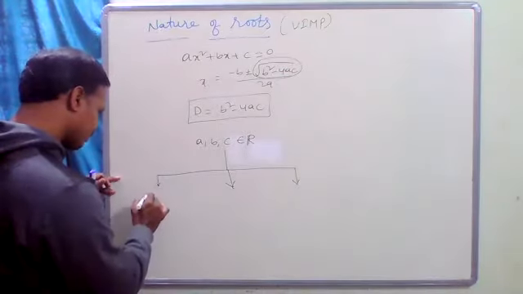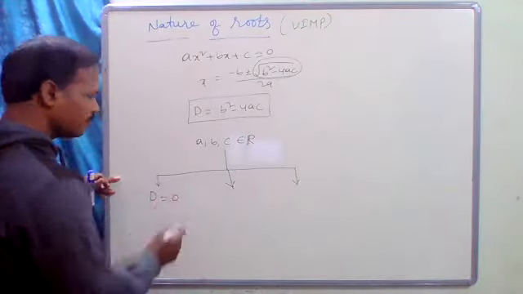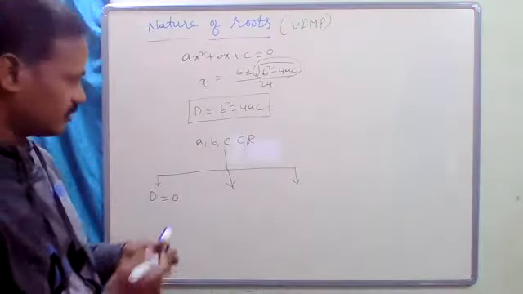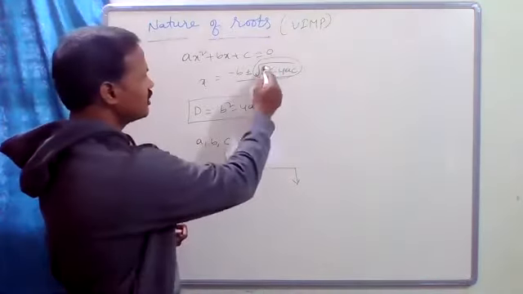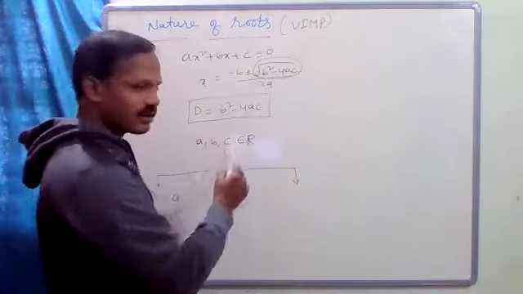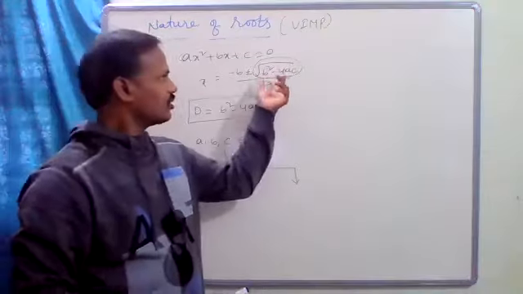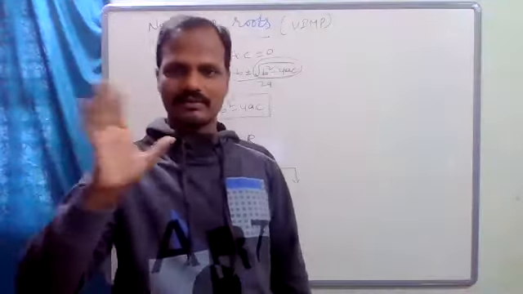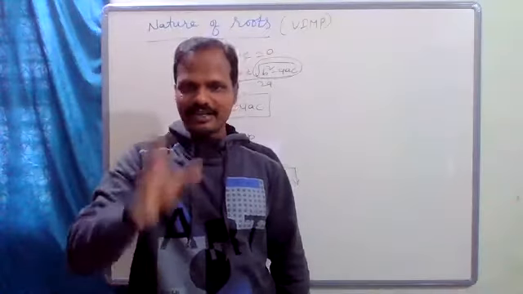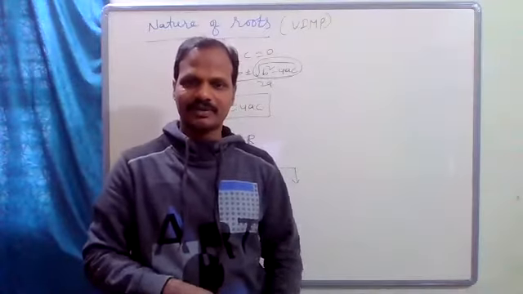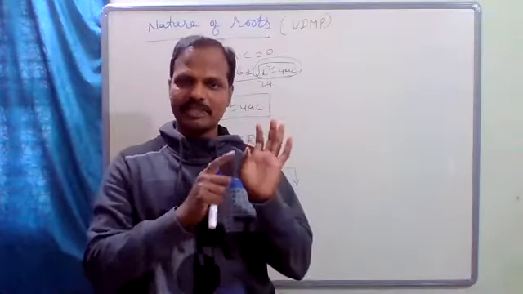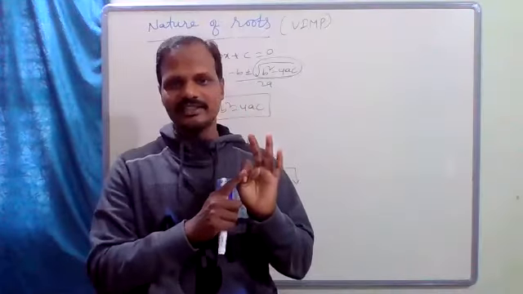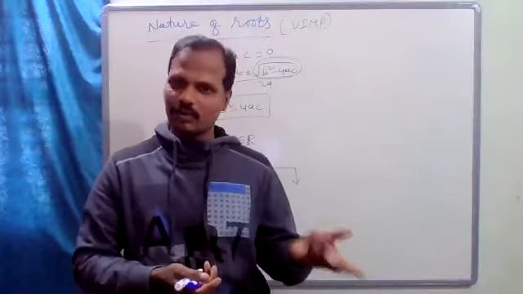Since a, b, c belong to R, if you take any number in the real number system, whether the number is 0, or greater than 0, or less than 0, there are only three possibilities.